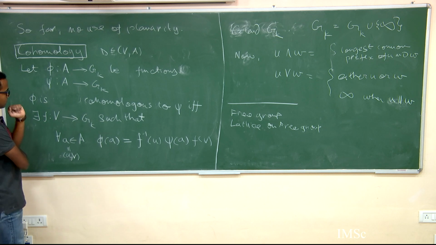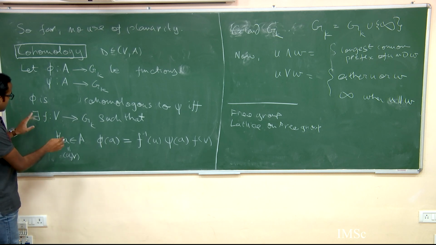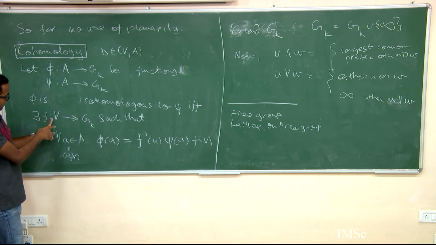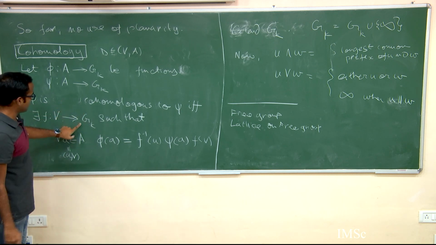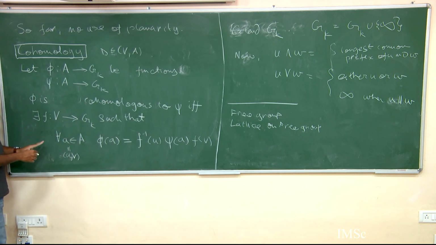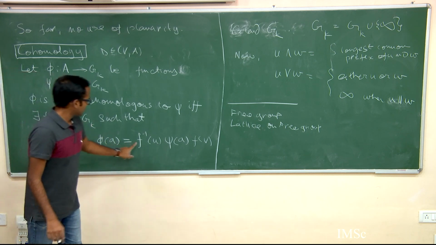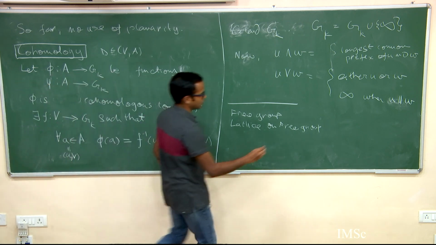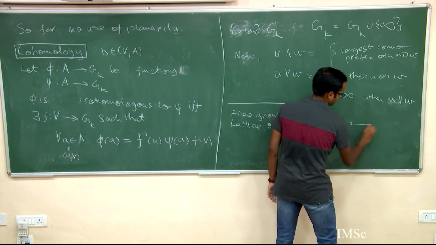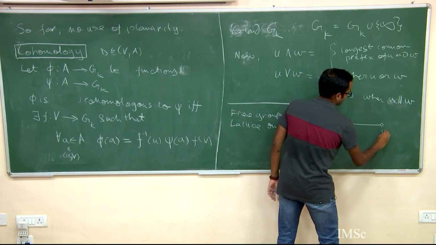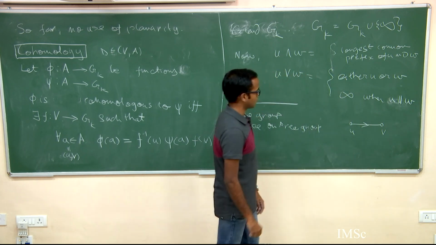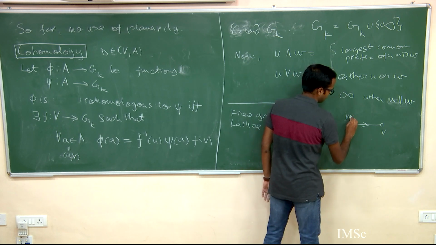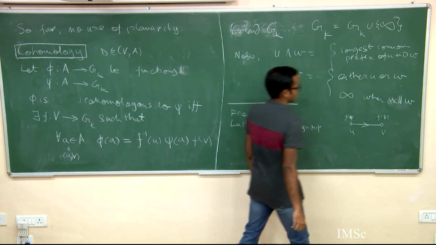they are called cohomologous if there is an additional function f from the vertex set to the free group such that when you look at every arc this relation holds. Basically what that will mean is, this is an arc uv, you have f of u and f of v.